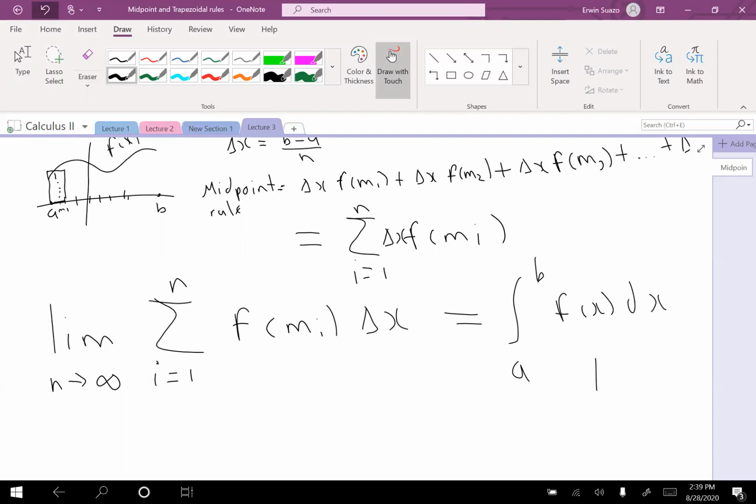We said this is the area below the function between a and b. So clearly we're finding an area because we're approximating with rectangles. So the limit becomes the integral with the dx. Okay, so that's how it works.